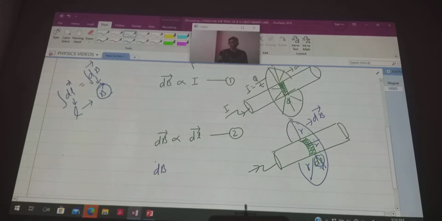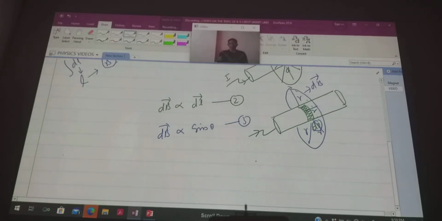dB is directly proportional to sine theta. Suppose the conductor is like this, and this is the elementary length. After getting the elementary length value, we get the total length after integration of this elementary length.